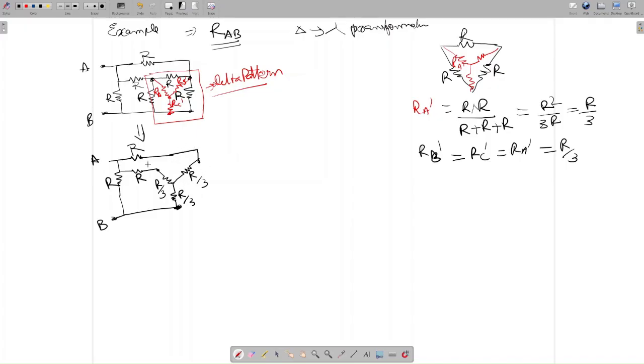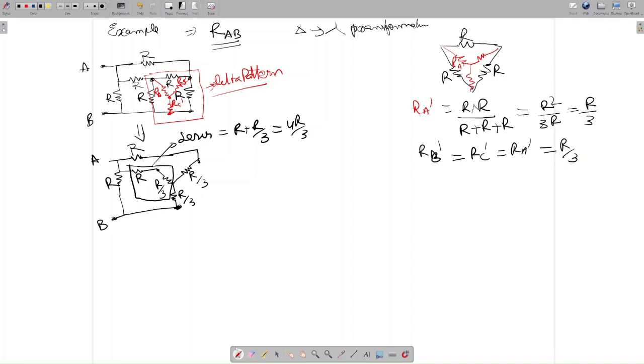Now if we look at this, this is a series combination. So the equivalent will be R plus R by 2, equal to 4R by 3.